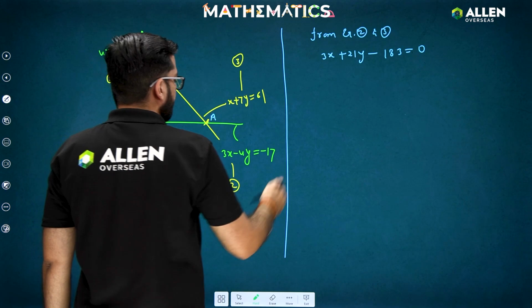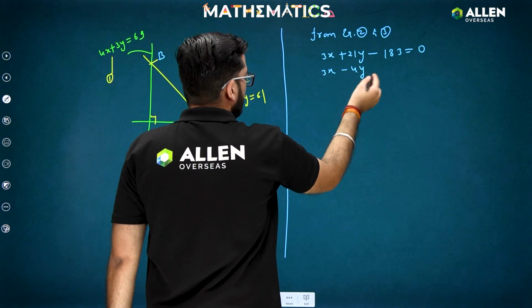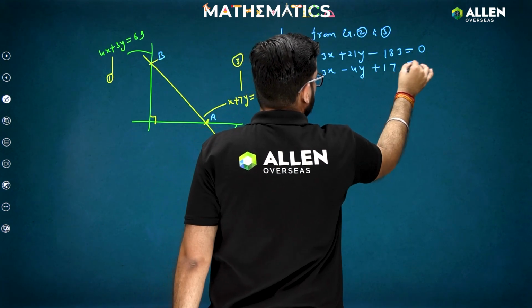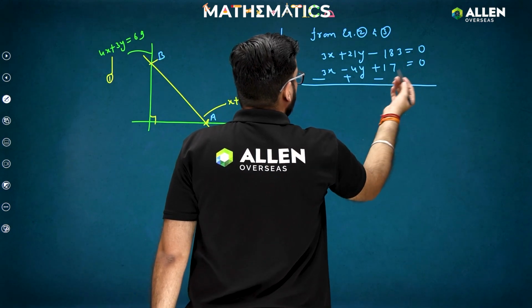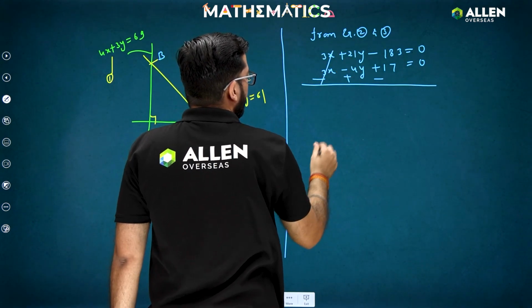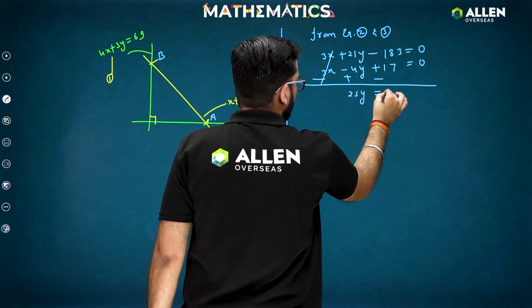And there is also 3x minus 4y plus 17 equals 0. You can subtract these two, and the x is cancelled. 21 plus 4 is 25y, and this one is minus 200, so you can write it as equal to 200.